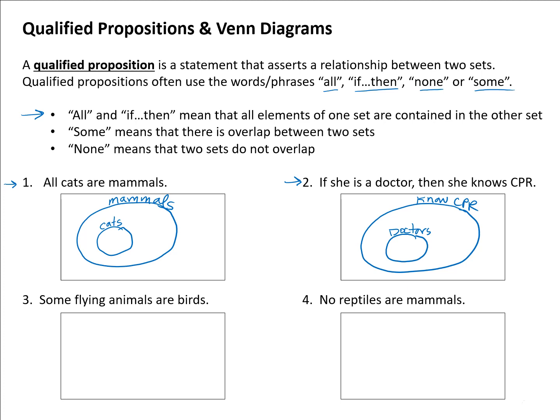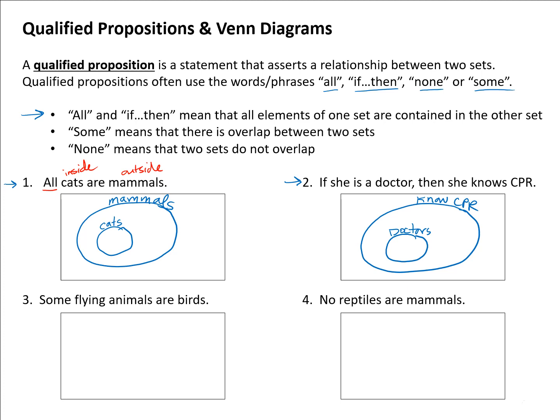So one thing to be aware of here is when you look at all and if-then statements, when we say all, that represents an inside set with the noun that's described right after the all, and then that relates to the outside set, which is the object that we see in the remainder of the sentence.